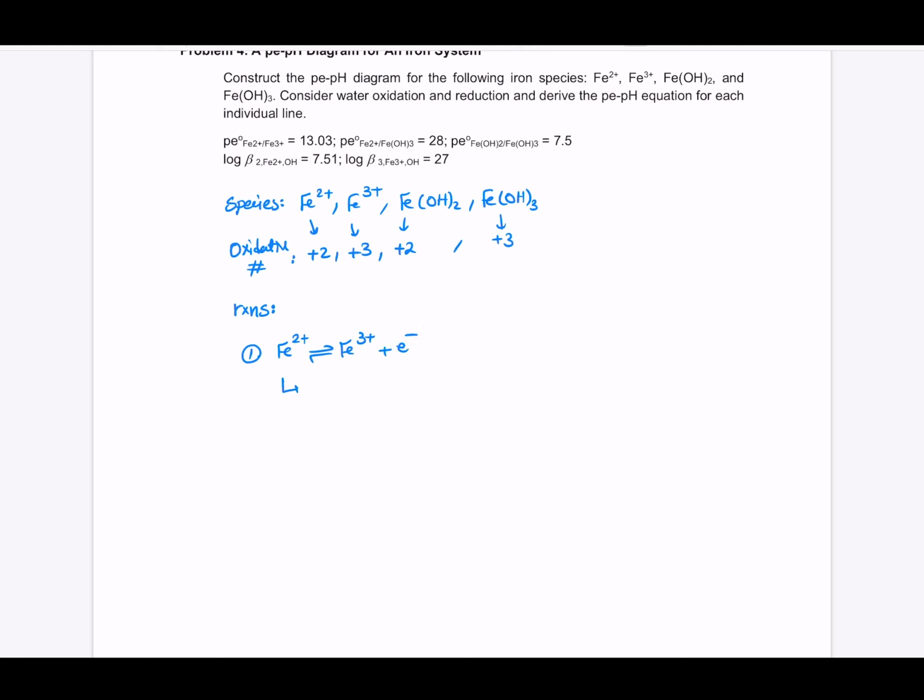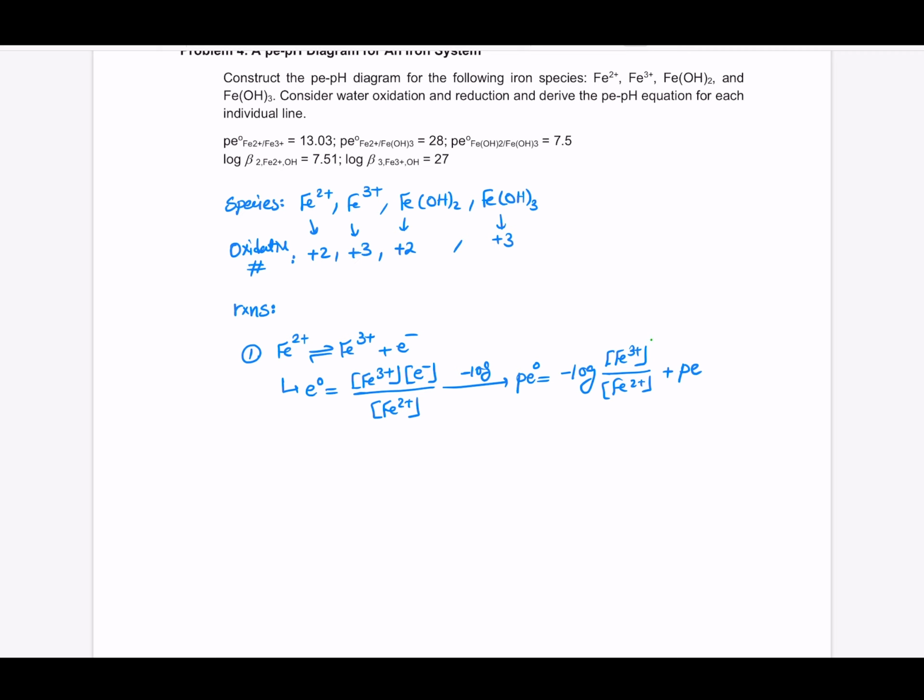So basically E0 would be Fe3+ times e- divided by Fe2+. So let's just do minus log. This would be pe0 minus log of Fe3+ over Fe2+. I just decouple this electron term, so it would be minus log of the activity or concentration of electron, which would be basically pe.